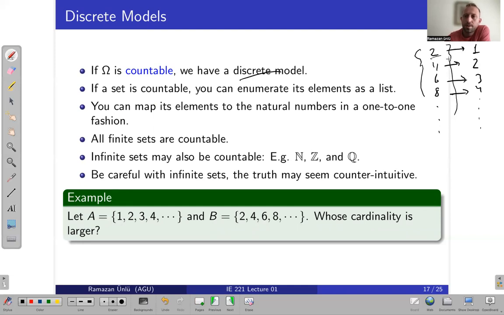You can say this is the first number, second number, third number, and so on until some point we cannot define, but still you can enumerate them. So the natural numbers, yes, infinite sets may also be countable, and these are the examples.